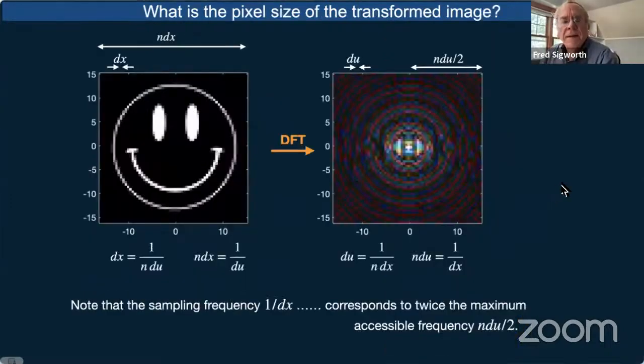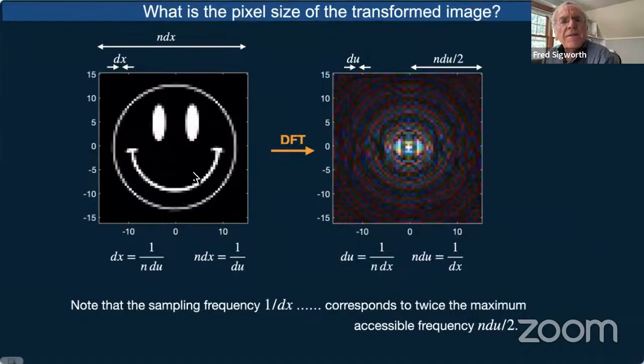Okay, so now the scaling of the discrete Fourier transform is important to note. The issue is what is the size of a pixel in the Fourier representation of an image? And this is something that's going to come up in real life.